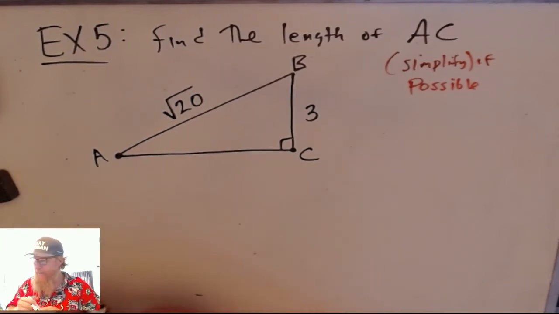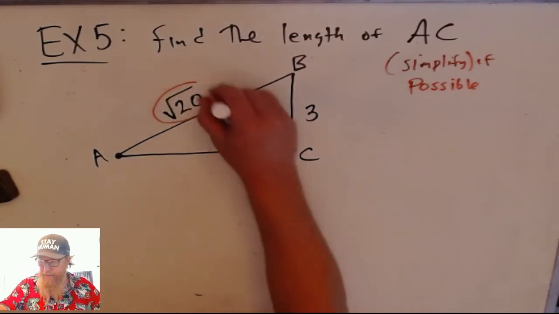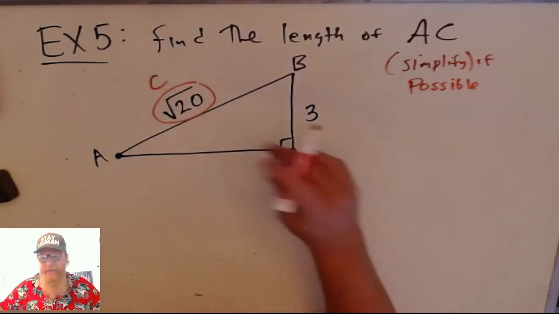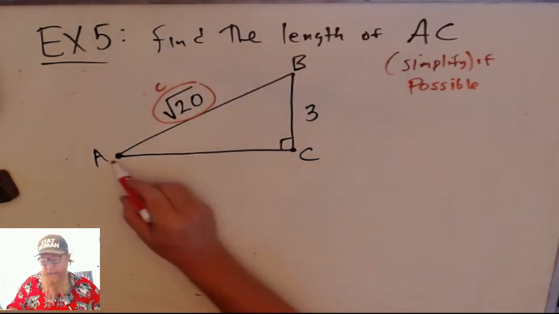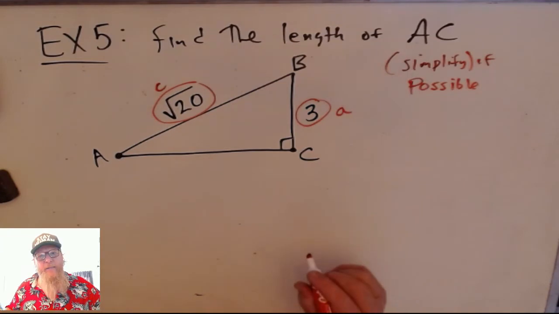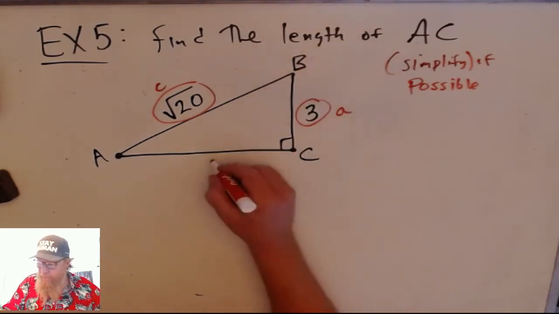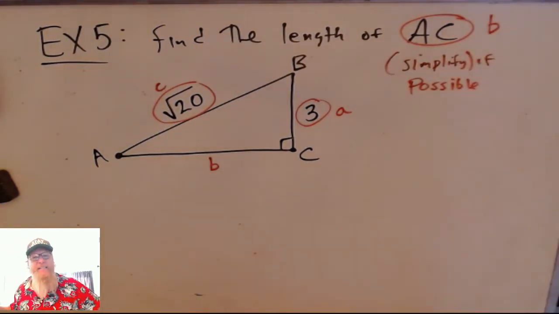But that's okay. We got it. Let's label everything. Remember, across from capital C is little c. Across from capital A is little a, or lowercase a. And what we're looking for is lowercase b. That will be AC.